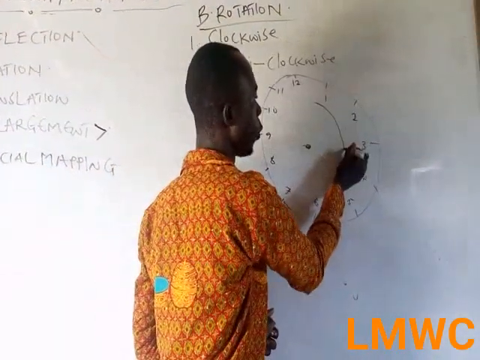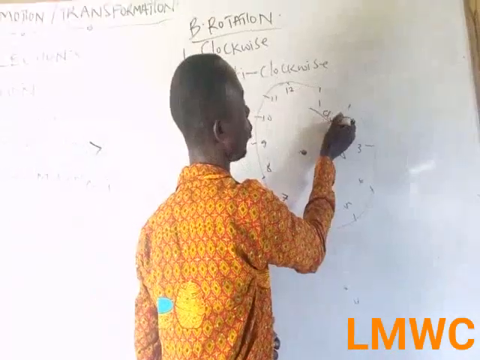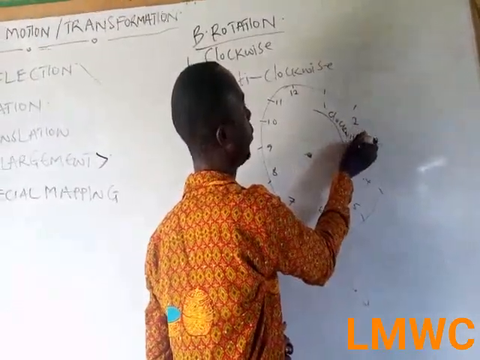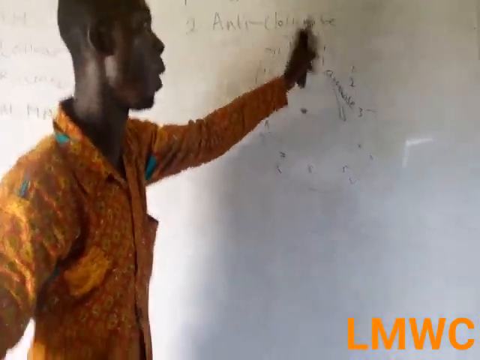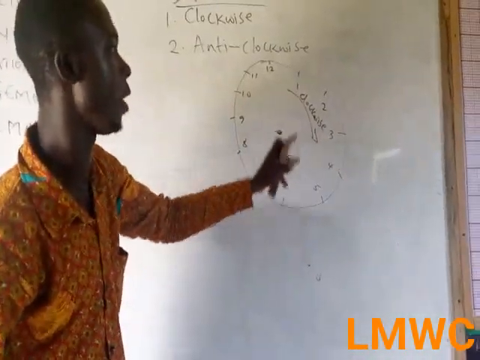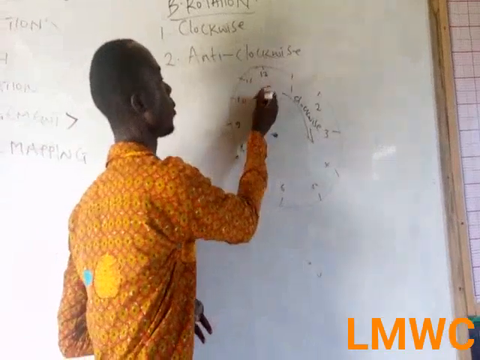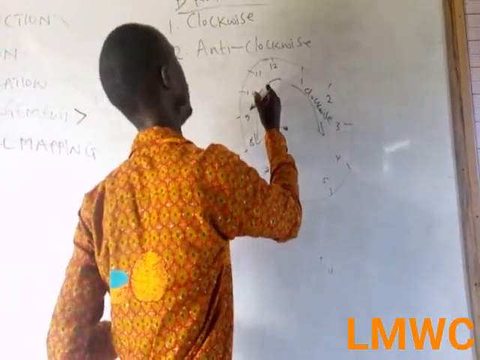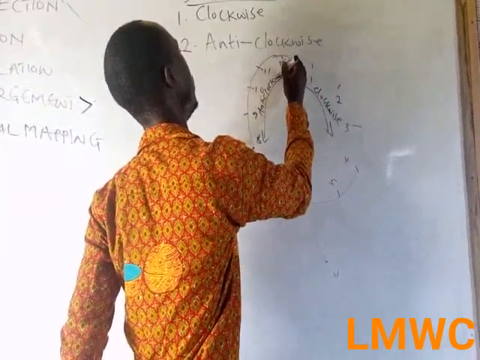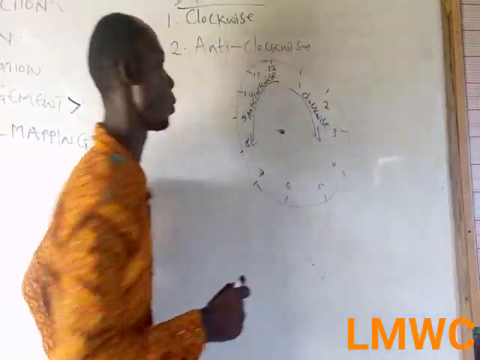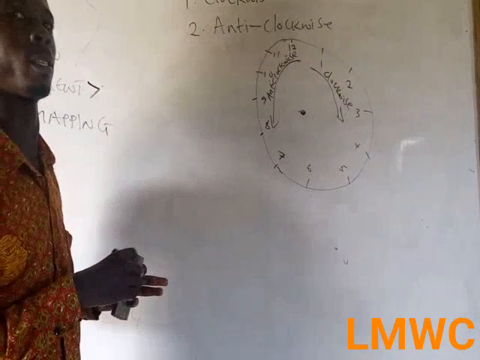This is the clockwise direction, so this is clockwise, because under clockwise, it starts from the least: 1, 2, 3, 4, 5, 6. Anti-clockwise starts from the highest. So anti-clockwise. I believe now we have understood clockwise and anti-clockwise.